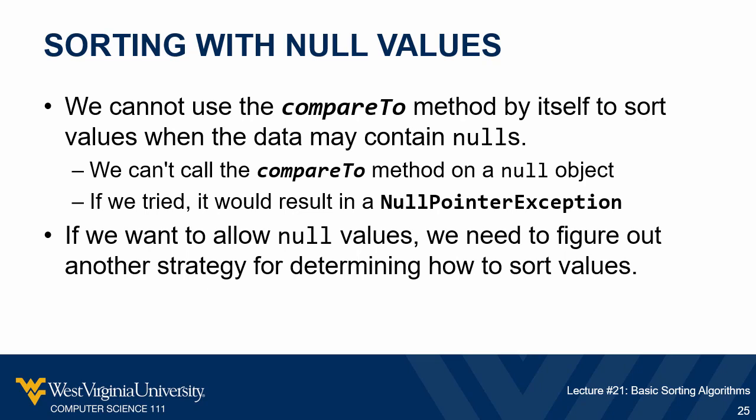But if we actually have null values stored, we run into problems if we try to use the compare_to method built into the object itself to try to figure out how to sort things. If we try to call compare_to or any other method on a null object, we're going to get a null pointer exception.